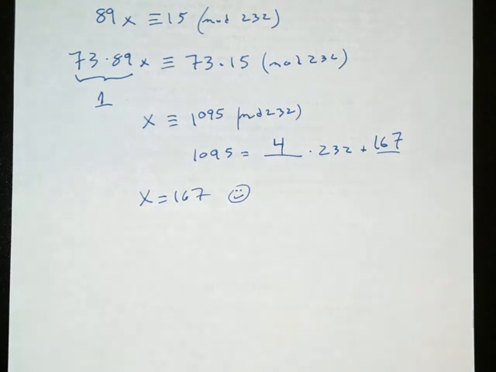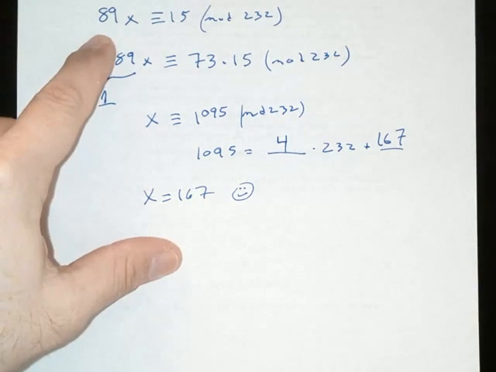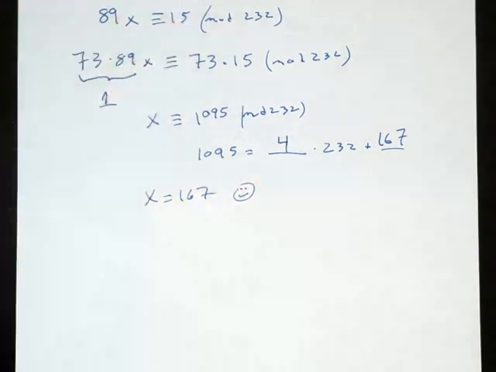Questions? What we've just done is equivalent to solving a linear equation: number times x equals another number, only we did it mod something. I learned how to do linear equations in my first algebra class: 3x plus 6 equals 0, solve for x.